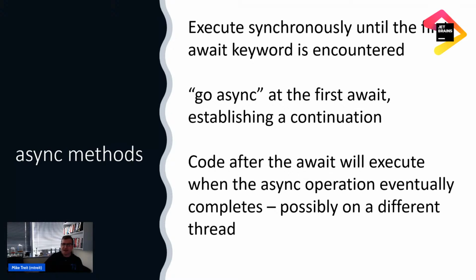So when you call an async method, and let's say you're going to call several of them and you want them to run in parallel or concurrently, you actually won't get that task back until all that synchronous code before the first await happens. And if that code is expensive, it can actually cause things to run a lot slower than you might expect. So that's an important thing to realize. And then once the thing goes async, the original thread that was calling is free to be used for some other work. And then eventually this continuation will happen, the code that's after the await, and that will happen potentially on a different thread.